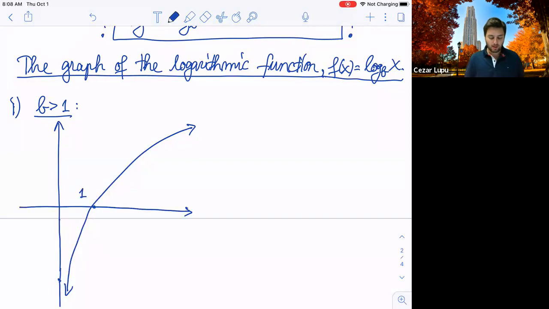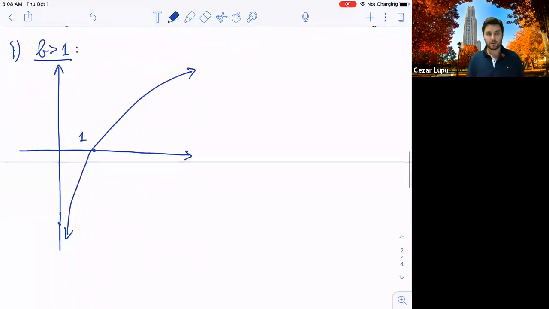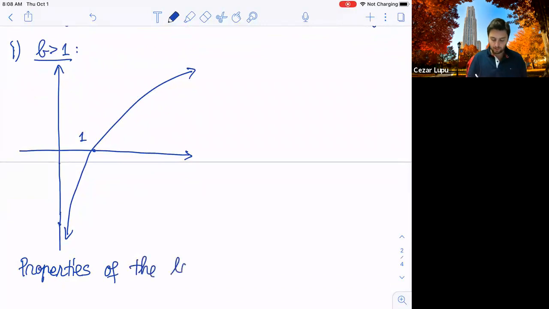So this is what happens for b greater than 1. And now by just looking at this graph, let's say a few things about the logarithmic function. Let's say properties of the logarithmic function.